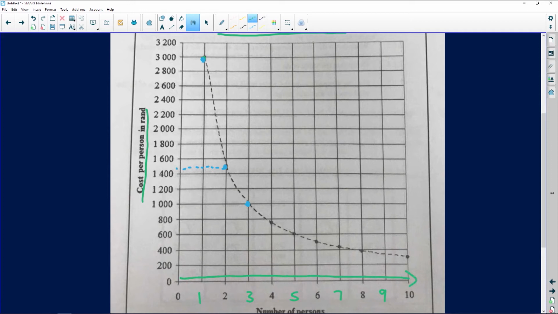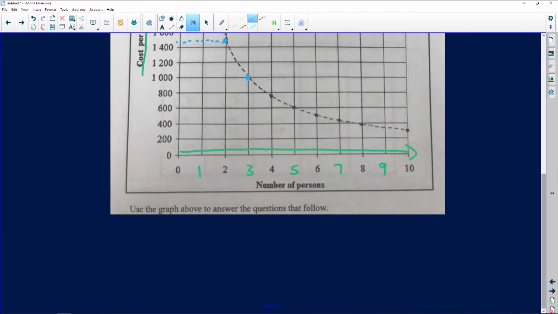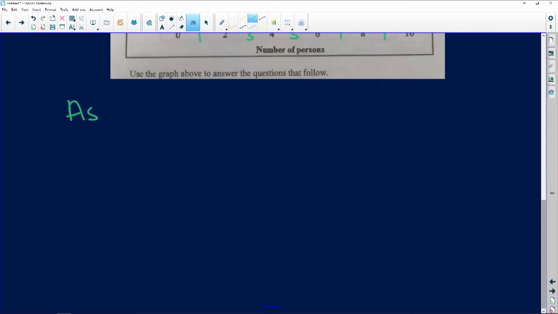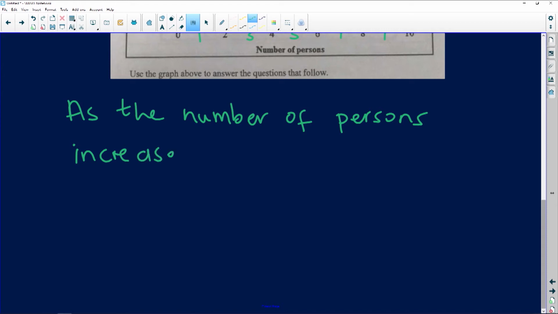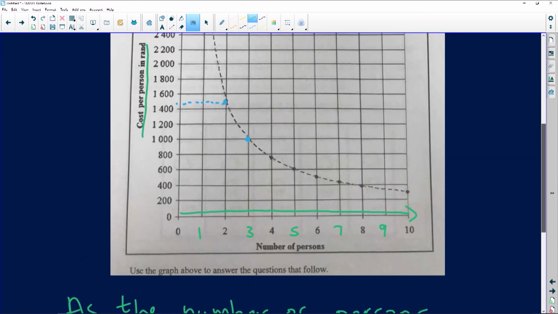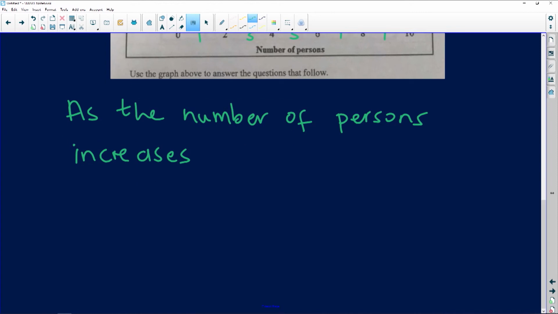As X increases, so in this particular case, I'm going to write it down: as the number of persons, because that's how they said it, increases. So the more people there are, I could have just said that, right? As the number of persons increases, the cost per person decreases.